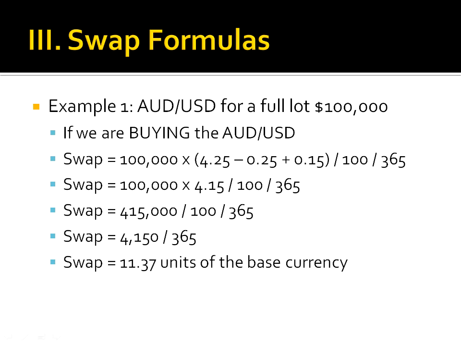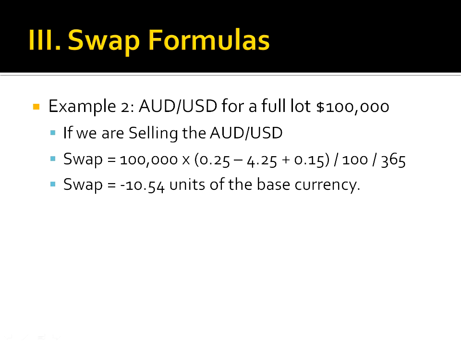And at the end of all of that math, you get 11.37 units of the base currency, the Australian dollar. So you're going to get paid per day, because it's divided by 365, 11.37 at the end of the day during that swap at 5 p.m. Eastern.